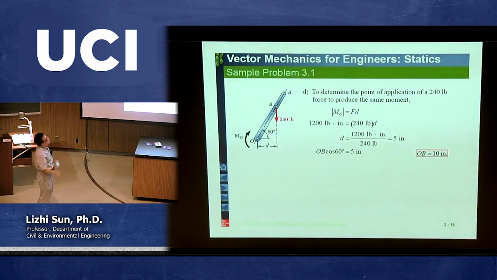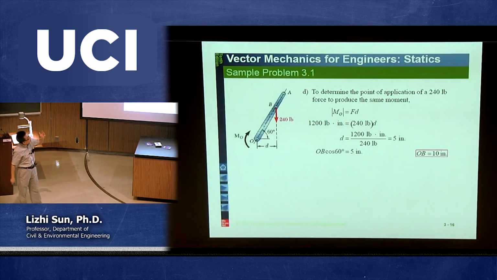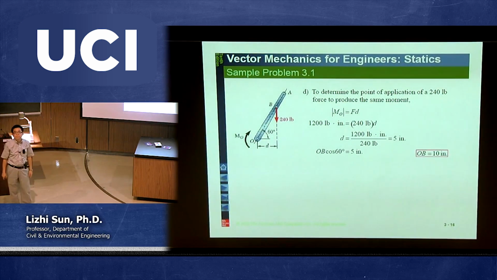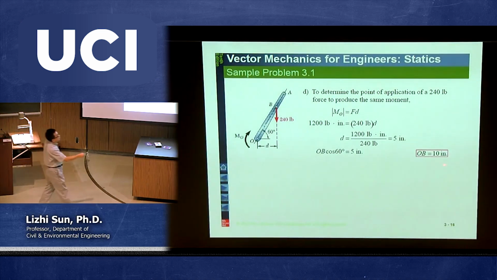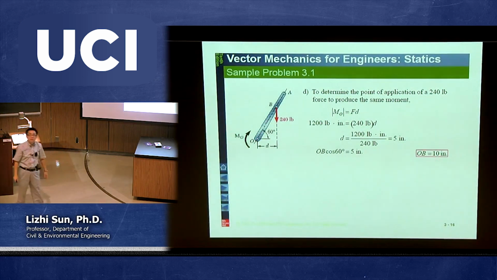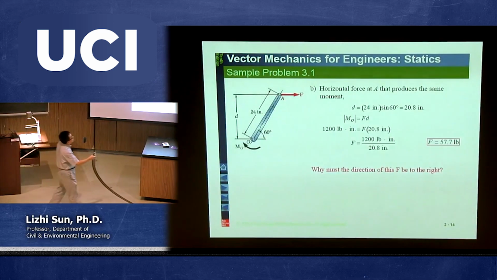Then, of course, you finally find out OB, the distance from O to B, is 10 inch. And that gave us the answer about the location of that vertical force. So there must be a force located at point B with a distance from O to B of 10 inch. Okay? So that is question D.